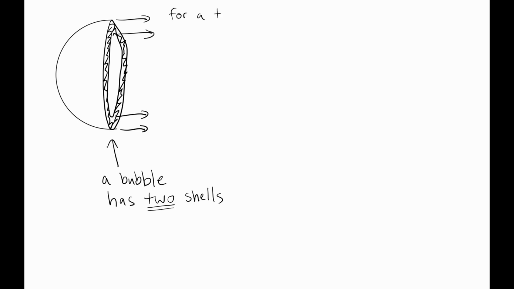So the only real difference, in terms of doing this force balance for a droplet and a bubble, is that there's twice as much perimeter for the surface tension to act on. So the internal force due to surface tension pulling on the bubble is twice as big. So 2 times 2 pi r times the surface tension sigma.